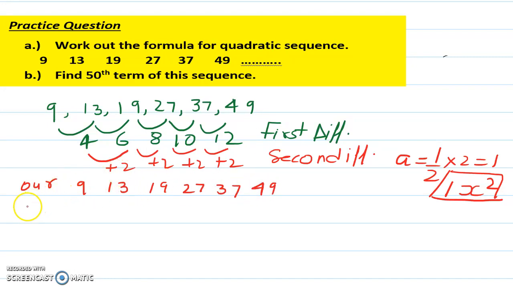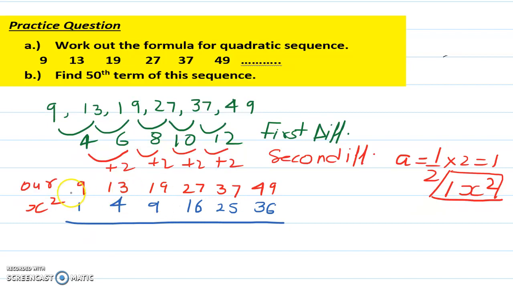And x square: if you put x is equal to 1, 1 square is 1, 2 square is 4, then 3 square is 9, and 16, and 25, and 36.